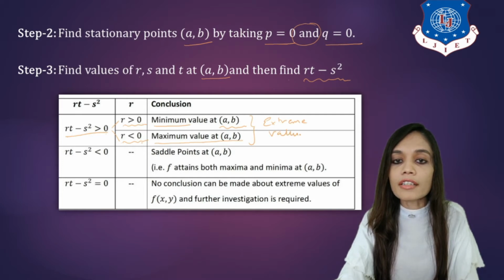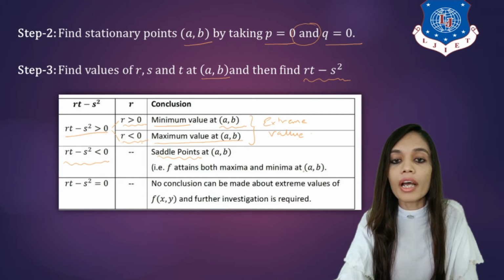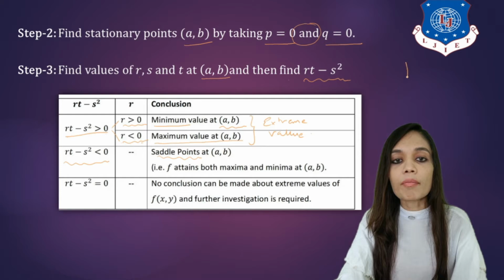Next, if rt minus s square is less than 0, then that point is known as saddle point. That is, f attains both maxima and minima at a comma b. For example, if we take the graph of x cube, this function attains both maxima and minima at origin.